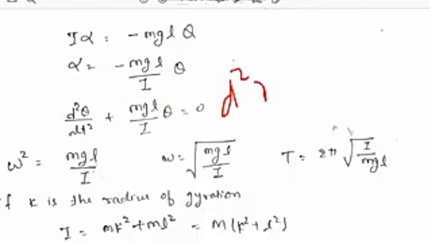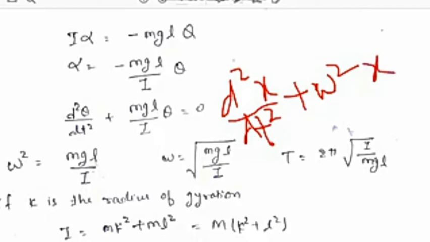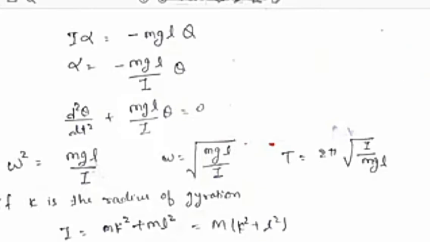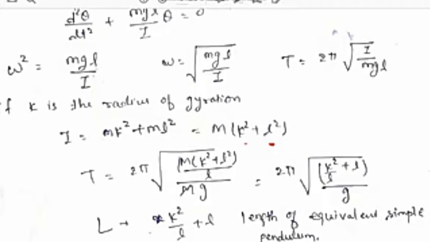By comparing, we get omega square equal to mgl upon I. So omega equals root of mgl by I. We know omega equals 2 pi by T, so T is equal to 2 pi root of I by mgl.